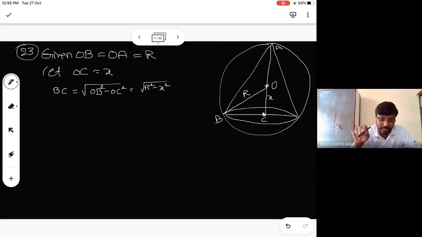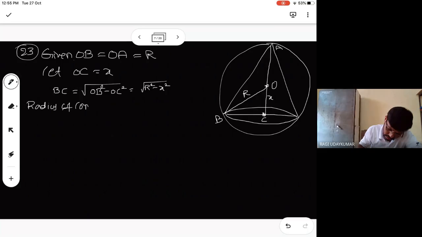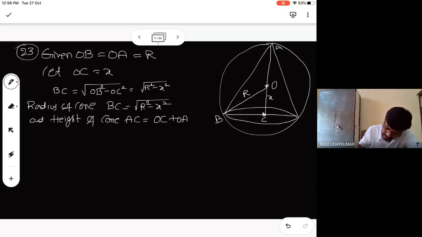So the radius of the cone, BC, is equal to the square root of capital R square minus x square, and the height of the cone AC is equal to OC plus OA. OC we considered as x and OA is capital R, so x plus R. Therefore, we need to maximize the volume of the cone.